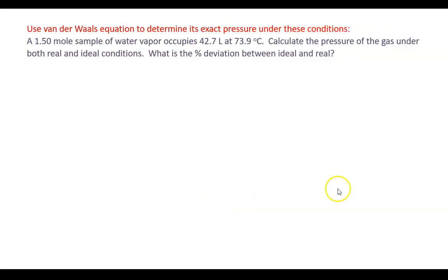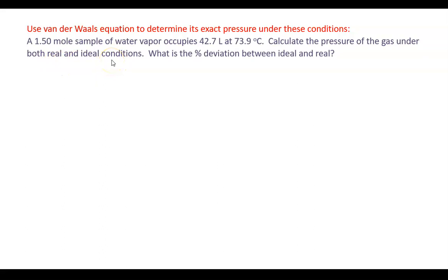Okay, and then this last one I'm not going to do. I'd like you to try it. It says use the van der Waals equation to determine its exact pressure under these conditions, meaning the pressure of the water vapor. I'm giving you the moles, the volume, and the temperature. So calculate the pressure of the gas under both real and ideal conditions.